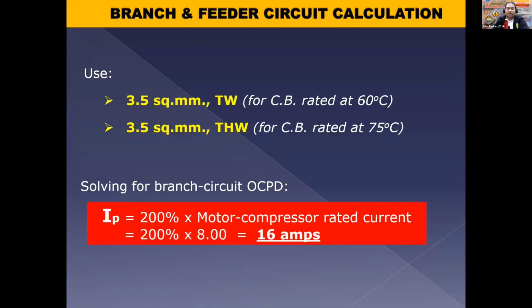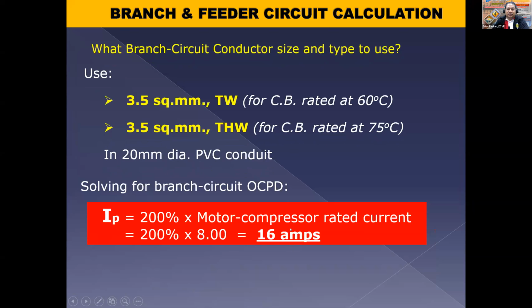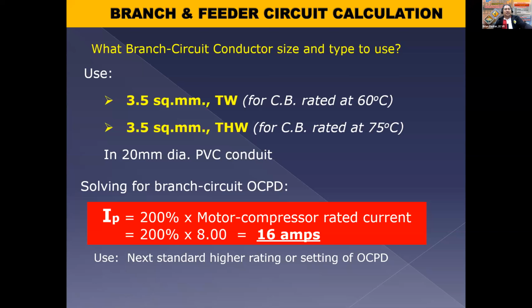So we can use 3.5 mm squared, either TW or THW, no? And then for the circuit breaker rating, it is 2 times, ginamit ko lang si 2 times. It's 16 amperes. So walang 16 amperes in the market. So ang gagamitin natin is 20 amperes. Just check lang if 20 amperes is going to exceed the allowed 2.5 times.